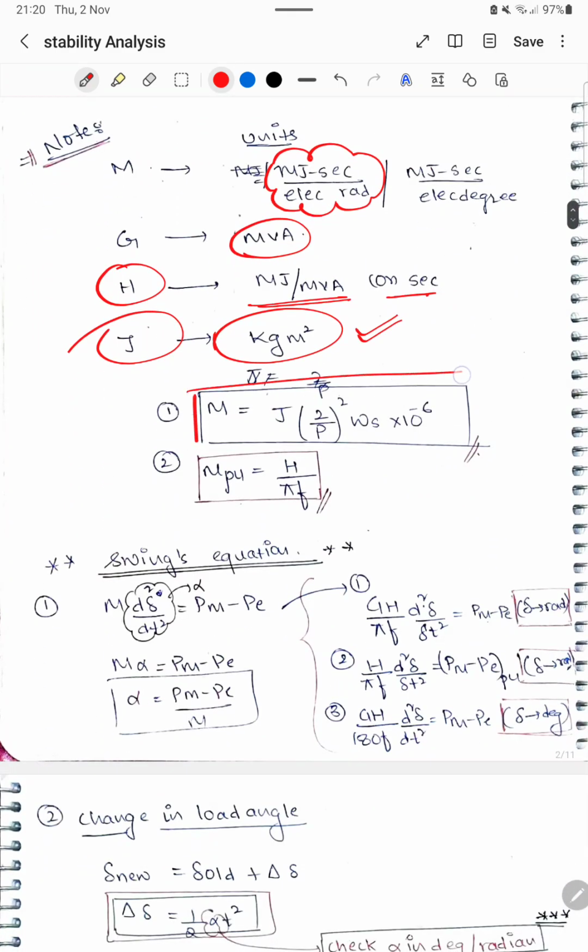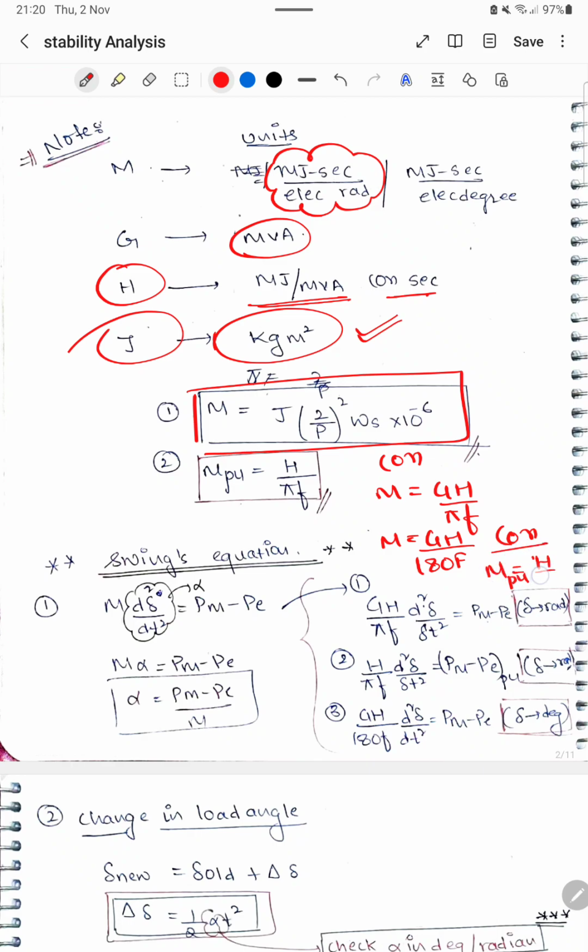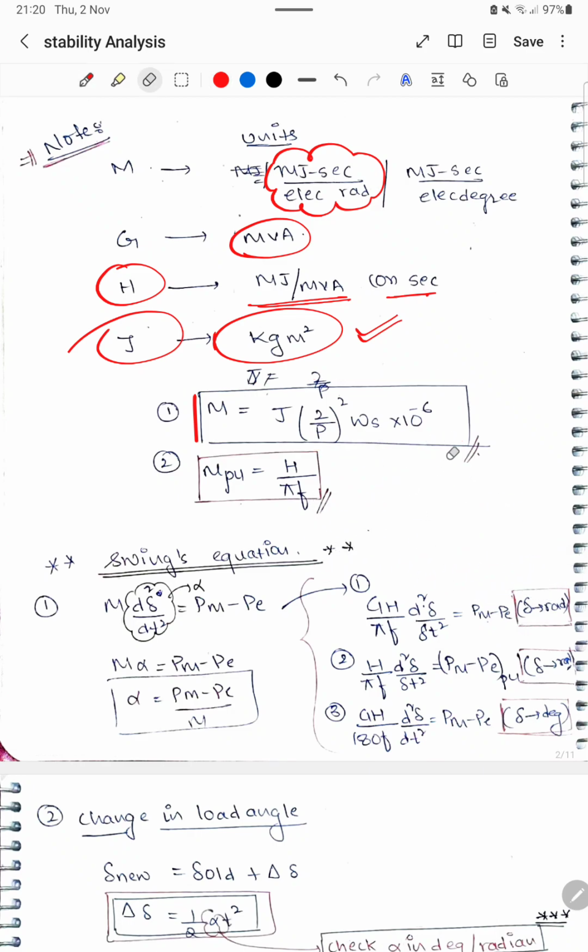M is J into (2 by P) whole square, omega s, into 10 to the power minus 6, or M equals GH upon pi f, or M equals GH upon 180 f depending upon whether the units are radians or degrees, or M in per unit is H upon pi f. Again, you need to take care about the units, whether they are degrees or radians.